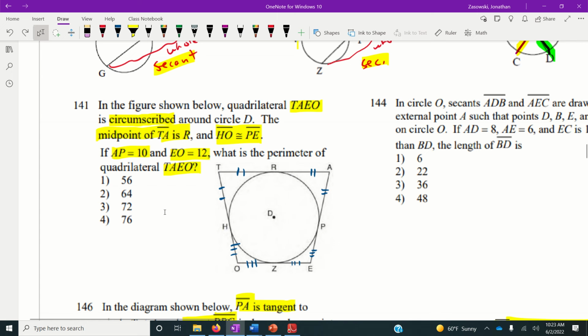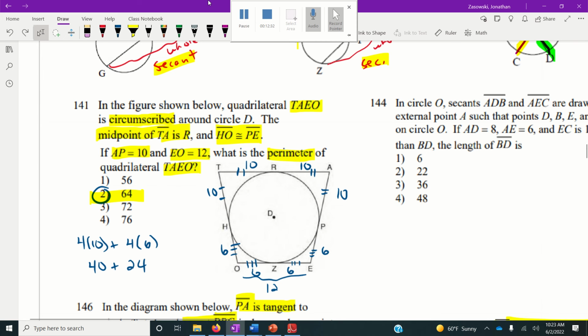So if AP is 10, that means all the lines on the top here are 10. And if EO is 12, that means that these two are both 6. So all of these are 6 on the bottom. And since we're looking for the perimeter, we're just going to do 4 times 10 plus 4 times 6, which is going to be 64.